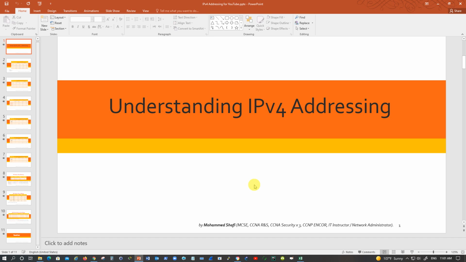But before we start, let's see what IPv4 addressing is and what an IP address is. An IP address is a 32-bit logical address, especially IP version 4. By logical I mean it can be changed whenever you want.